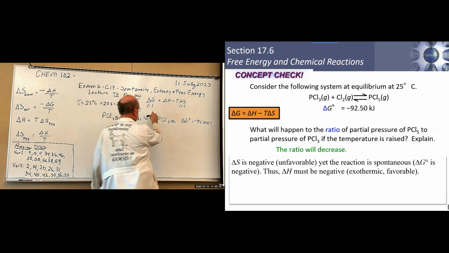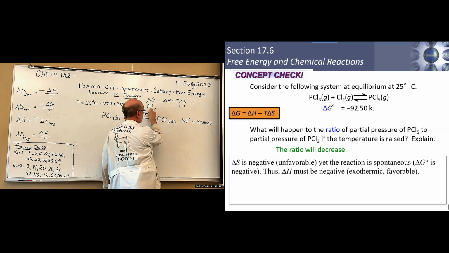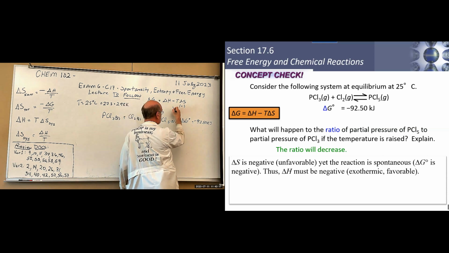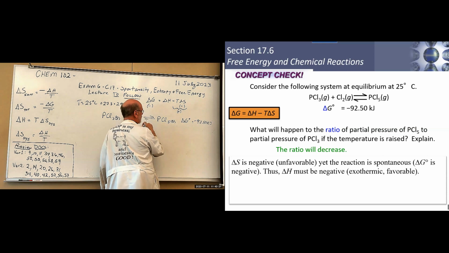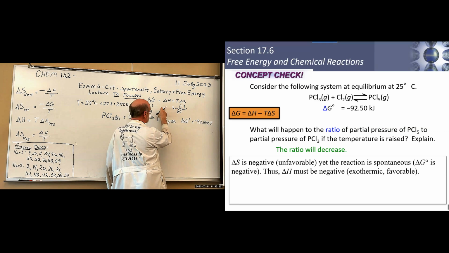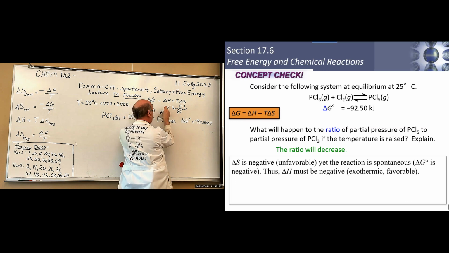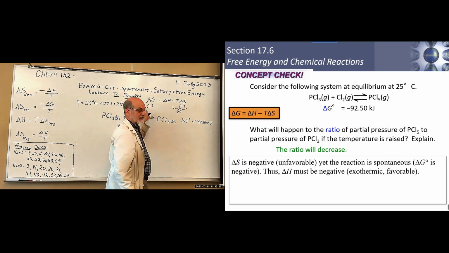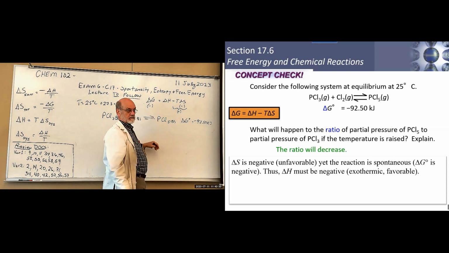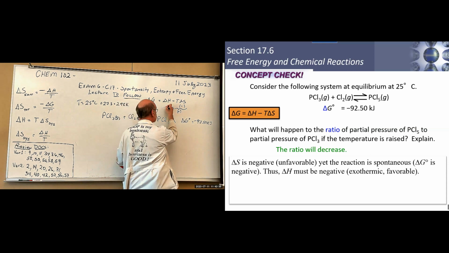If this is negative, this term here would be positive. Right? And delta H, in order for this to be negative, this cannot be positive. If this is positive, then that can't work. So this has to be negative.